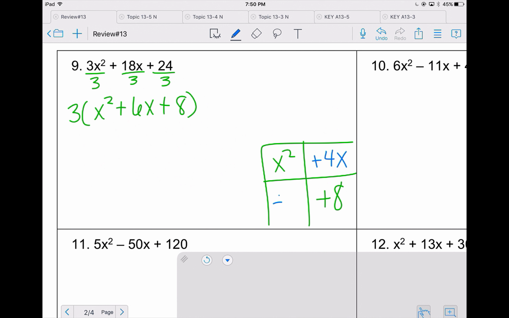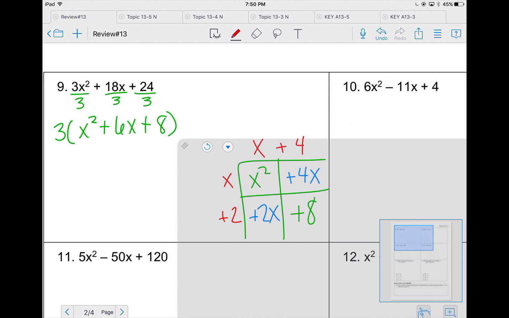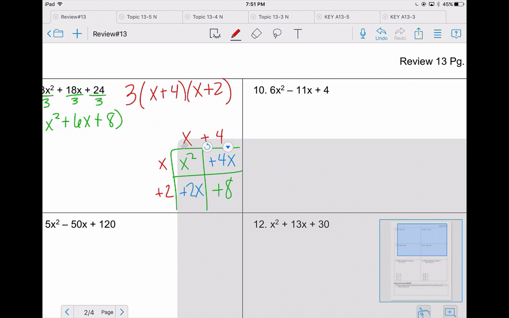So once you put them in the calculator, you will come up with 4x and 2x. I take out my like terms, so x and 4, x and 2. So my answer is the GCF and my 2 factors. Remember that factoring out that GCF is still part of your answer.